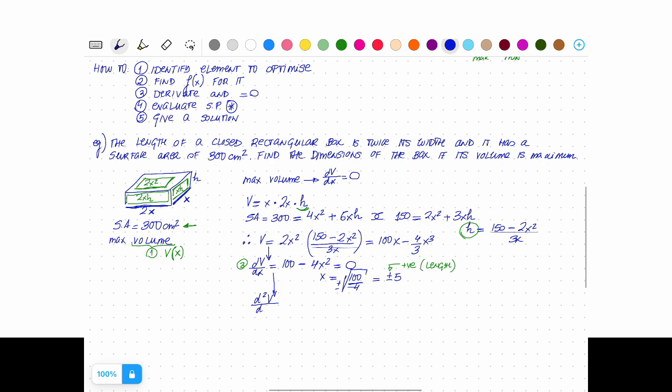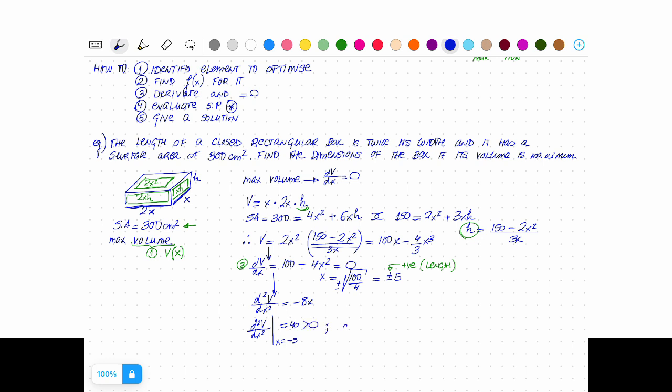We're just going to do second derivative, and that is minus 8x, which means I can easily evaluate. I can go, okay, what is the second derivative when x equals minus 5? Well, if I do that, that gives me 40, which is bigger than 0.